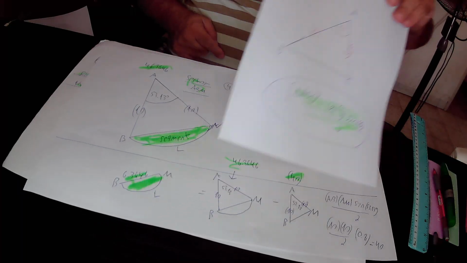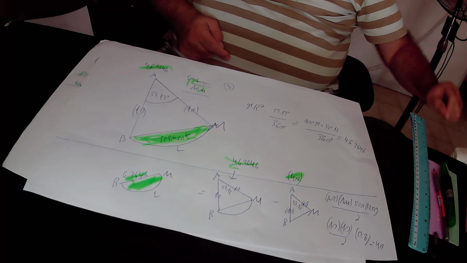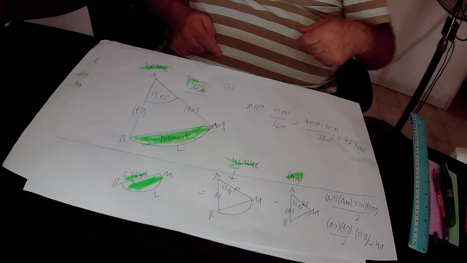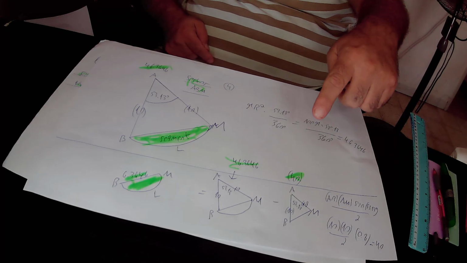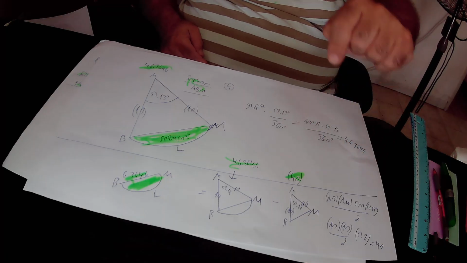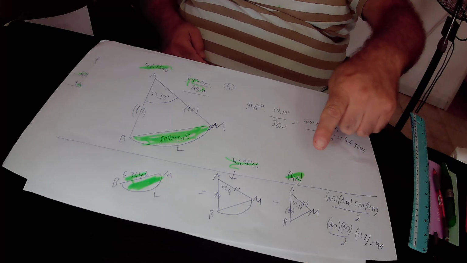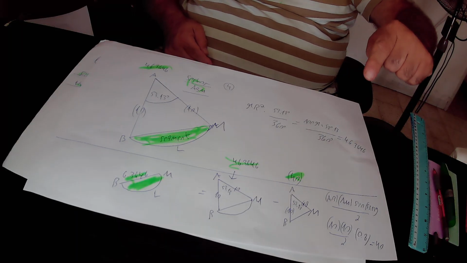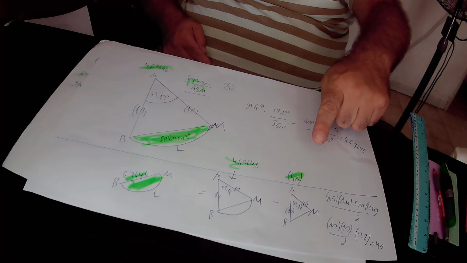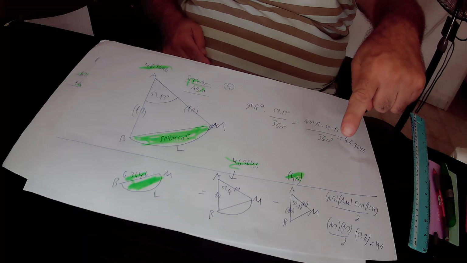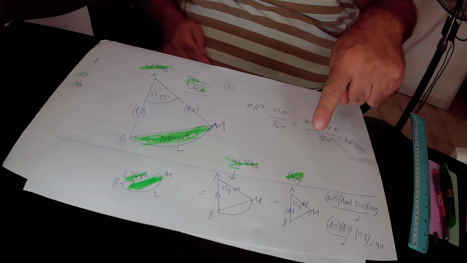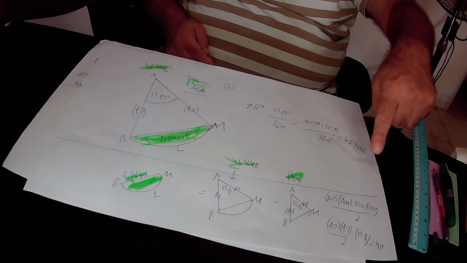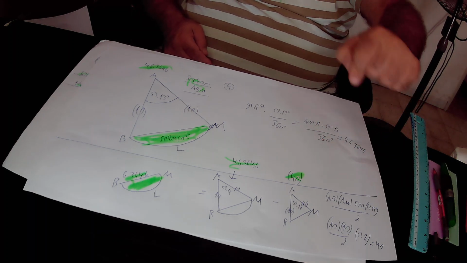We use the new formula in order to find out the area of this triangle ABM. According to the formula, the area of triangle ABM equals AB times AM times sine of the angle between the two sides, 53.13, over 2.